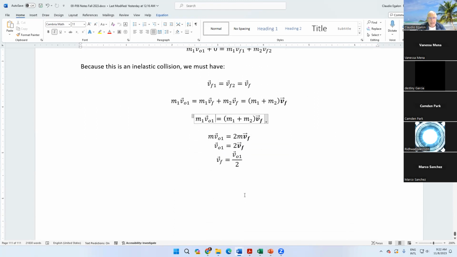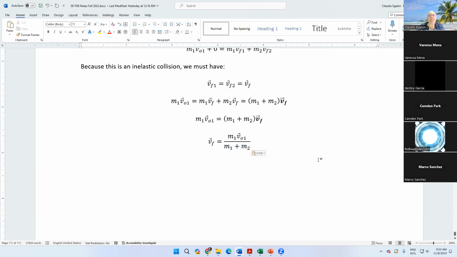And the final result is going to be M1 V01 upstairs, M1 plus M2 downstairs.